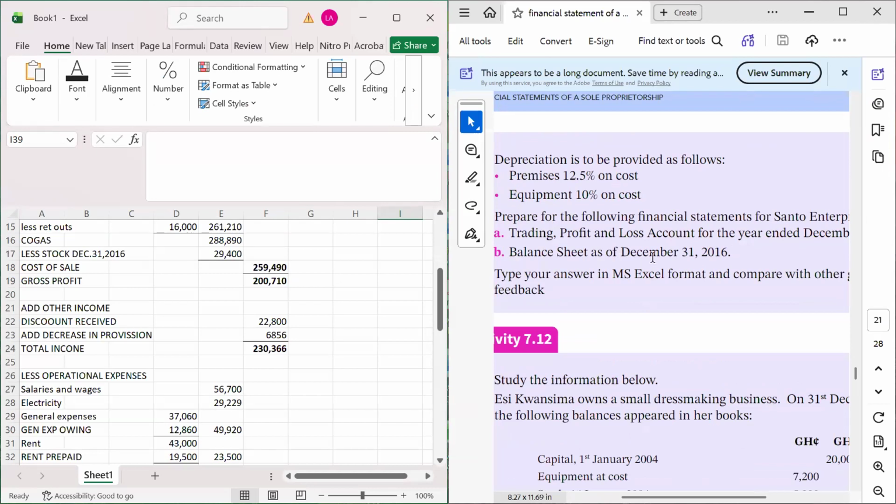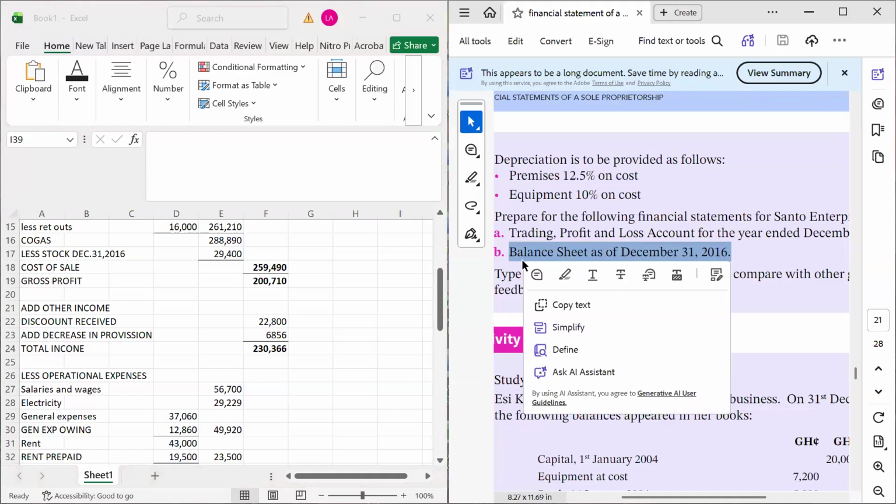as of December this. You see, in accounting, we don't use as of, we use as at. So remember, it's as at, balance sheet as at. It's not as of.